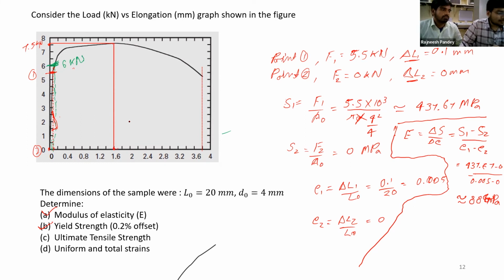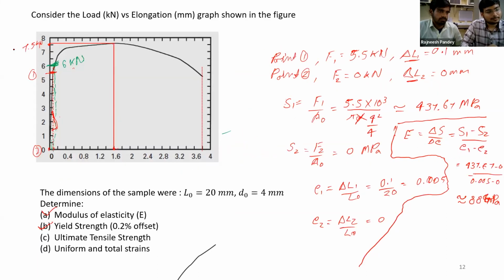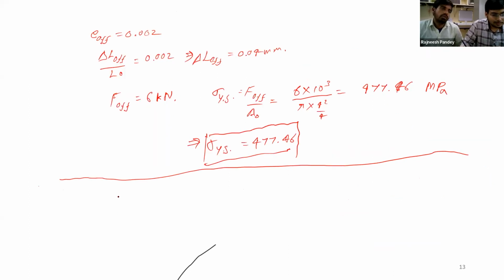So from the given curve, if we want to calculate the UTS, it will be nothing but the stress corresponding to this 7.5 kilonewton load. So UTS will be simply the load divided by the area. Yes, so UTS will be nothing but F at UTS over A naught.